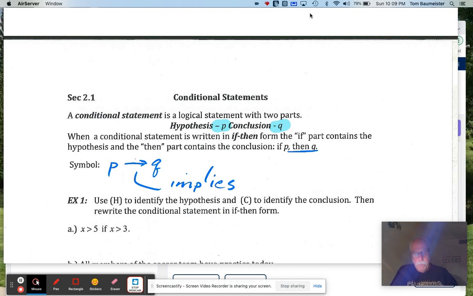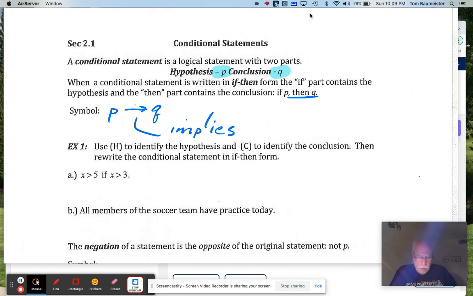So example number 1, use H to identify the hypothesis and C to identify the conclusion. Then rewrite the conditional statement in if-then form. So A says X is greater than 5 if X is greater than 3. So on this one here, the hypothesis, again, remember I just told you the hypothesis follows the word if.